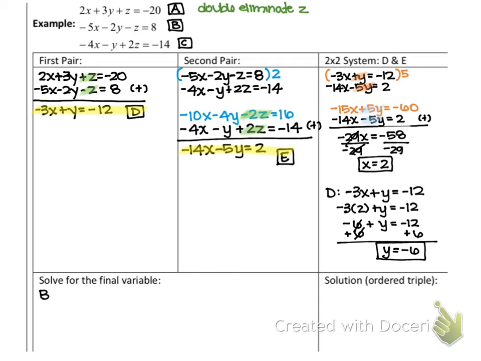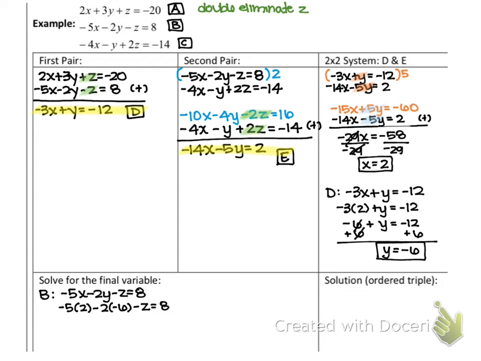Copy down the equation. So negative 5x minus 2y minus z is equal to 8. And then plug in what you found. For x, we got 2. For y, we got negative 6. And I don't know what z is.